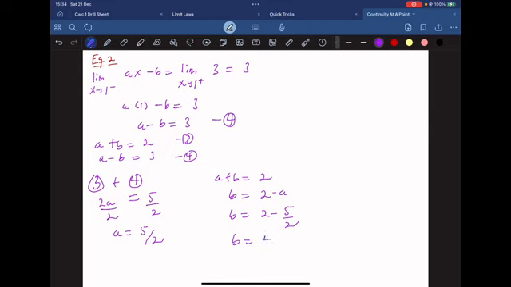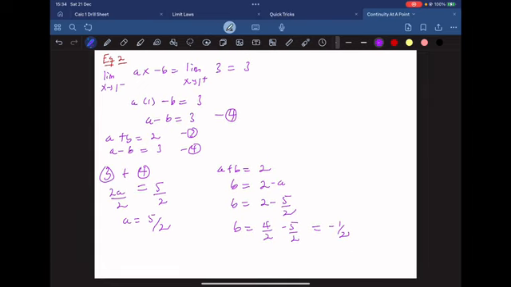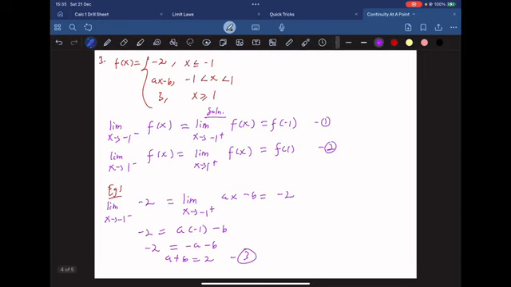So this is just 4 over 2 minus 5 over 2, which is equal to minus 1 over 2. So our answer is, if a is equal to 5 over 2 and b is equal to negative 1 over 2, our function f is going to be continuous at every x. I hope you understand this as well.